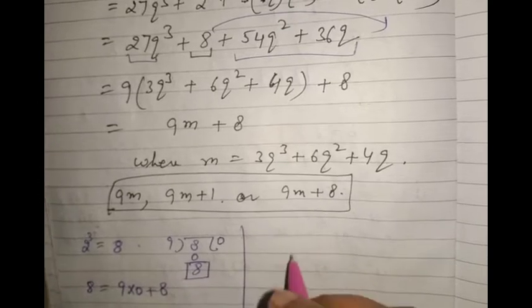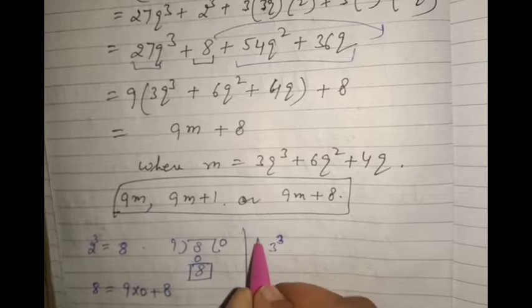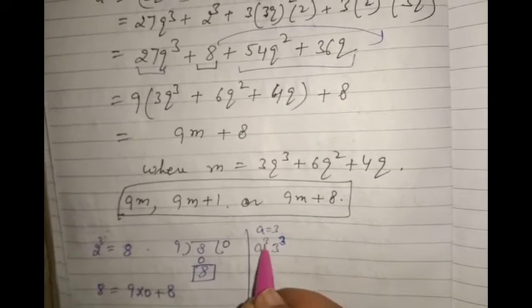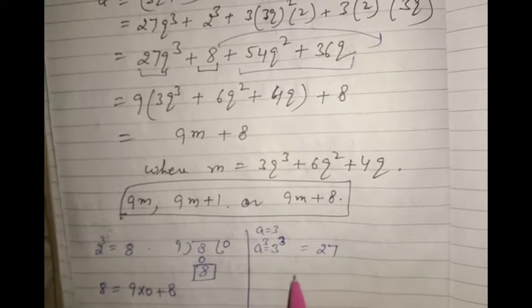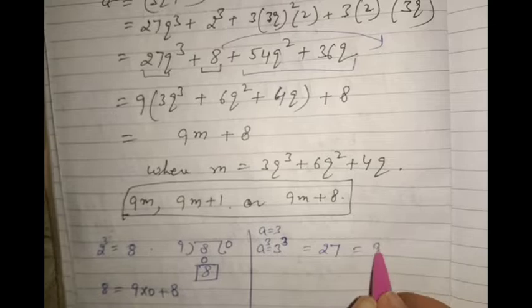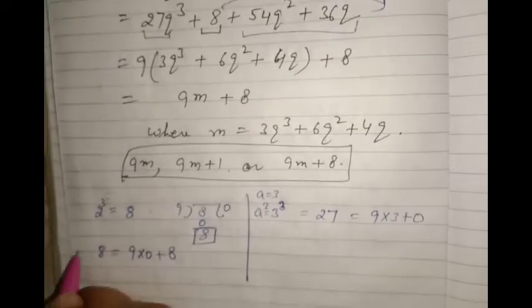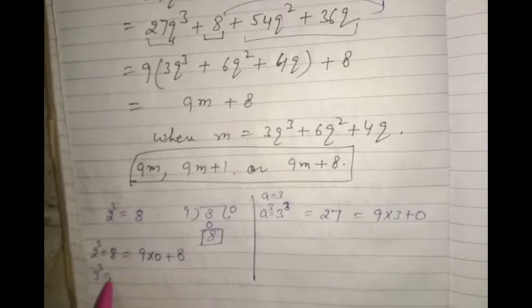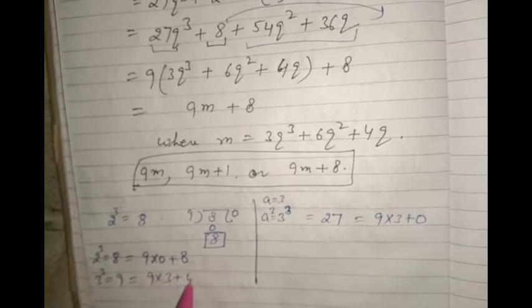One more. If I take a as 3, then a cube is 3 cube, which is equal to 27. And 27 can be written as 9 into 3 plus 0.